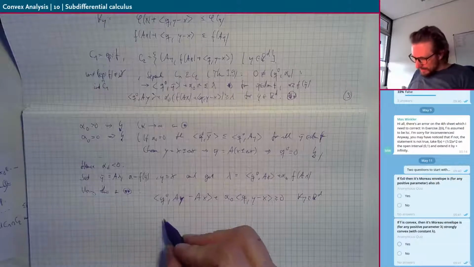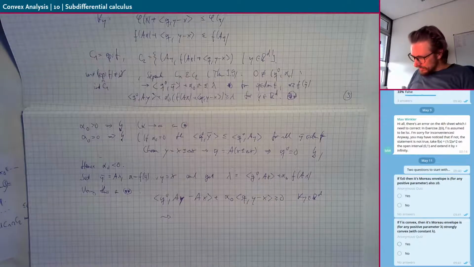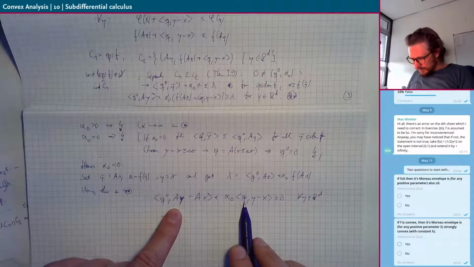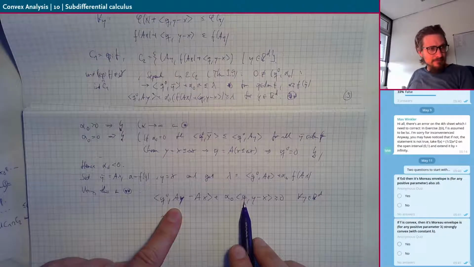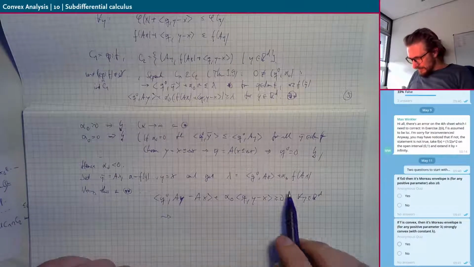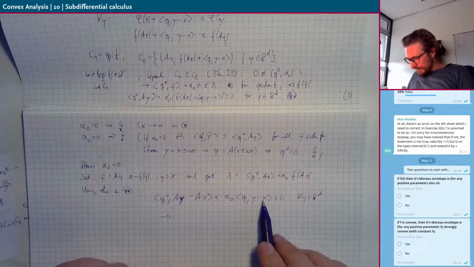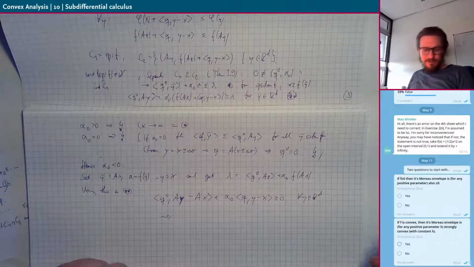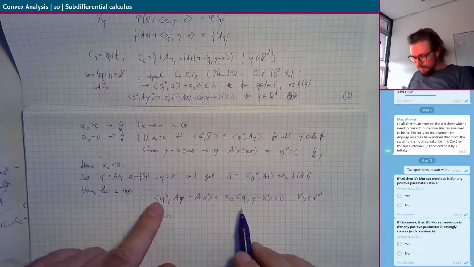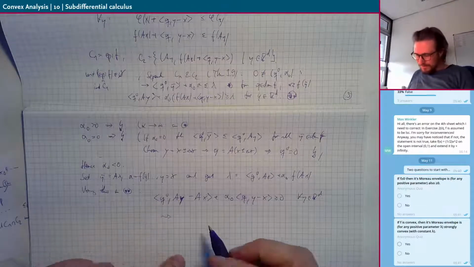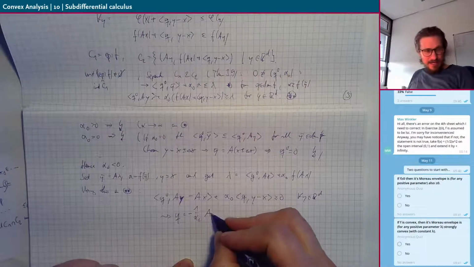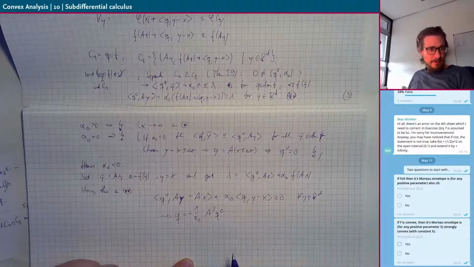And then this shows us, we can move the a over here with an a transpose, and then because y minus x can be basically any vector, we still can conclude that the left hand side of the inner product has to be 0, and this says as well that q has to be minus 1 over alpha 0 a transpose q0.